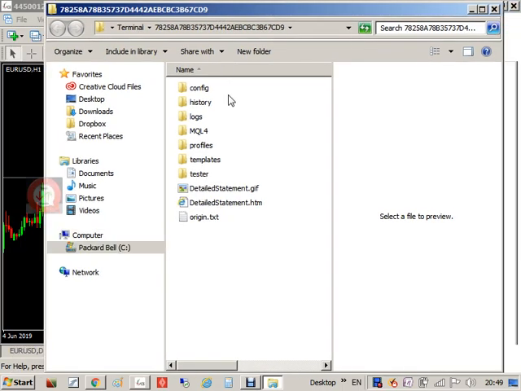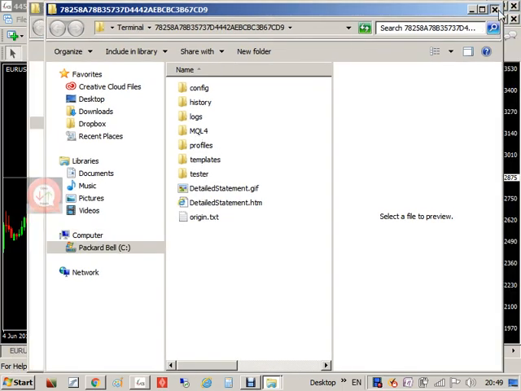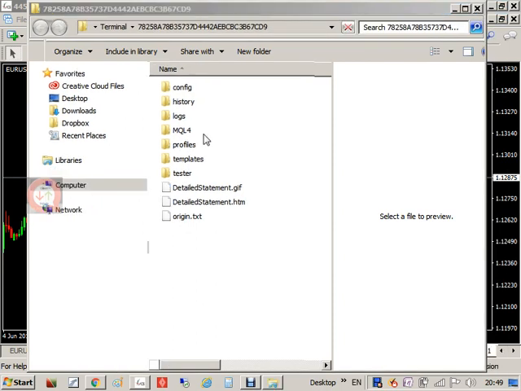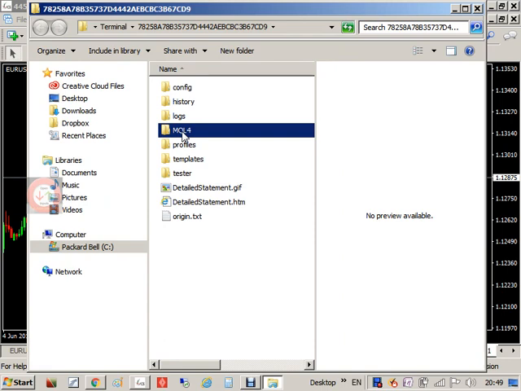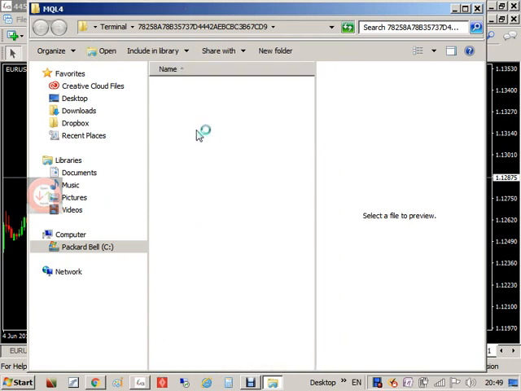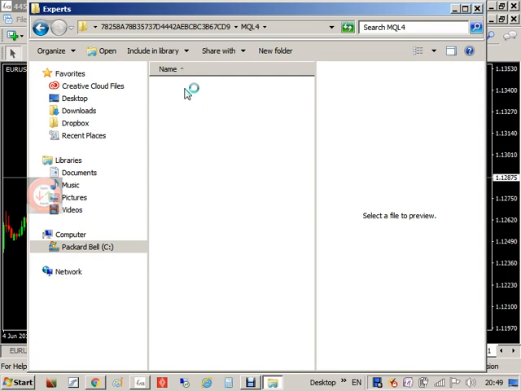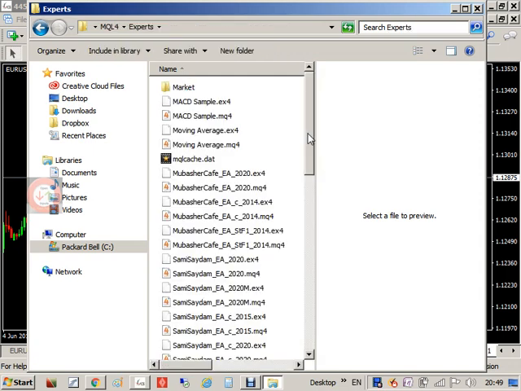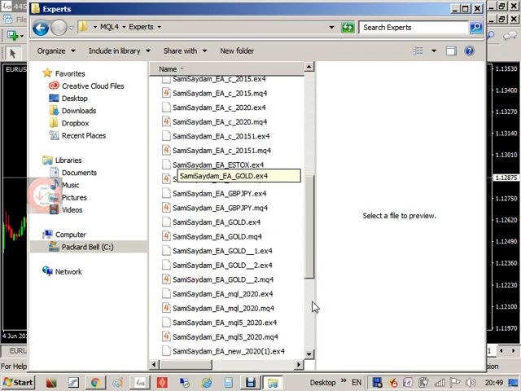open data folder, and you go to MQL4, double click, then you go to Experts, then you download or copy paste the expert advisor.